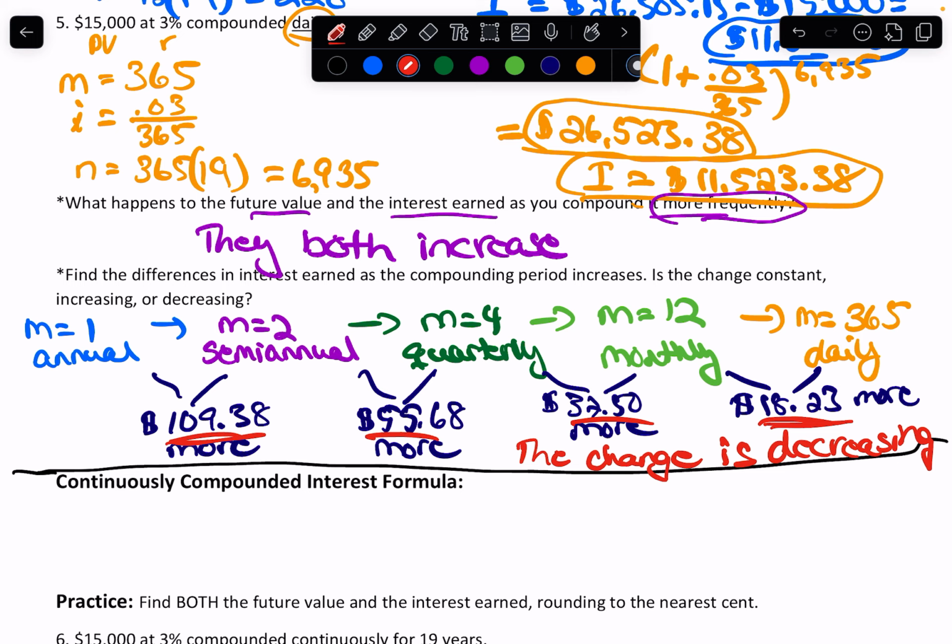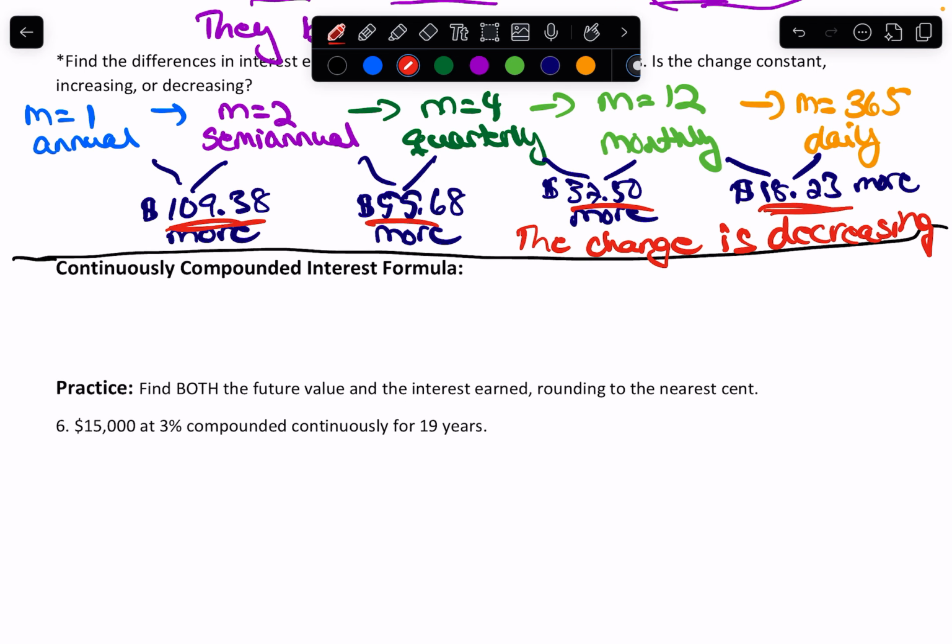Okay. So next we're going to look at continuously compounded interest formula. Again, we notice that the more we compound, the more interest we're going to get. The continuously compounded future value is the present value times e to the power of r times t.